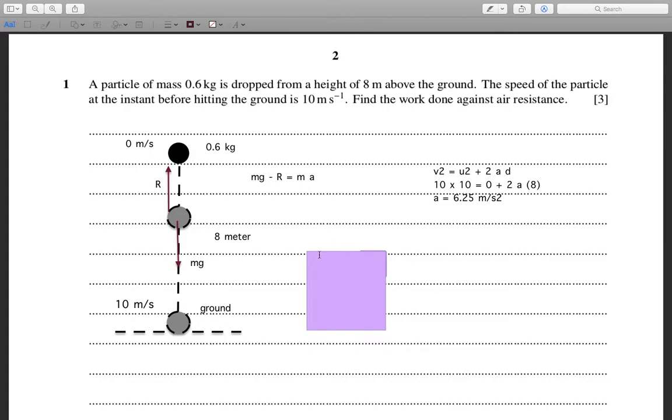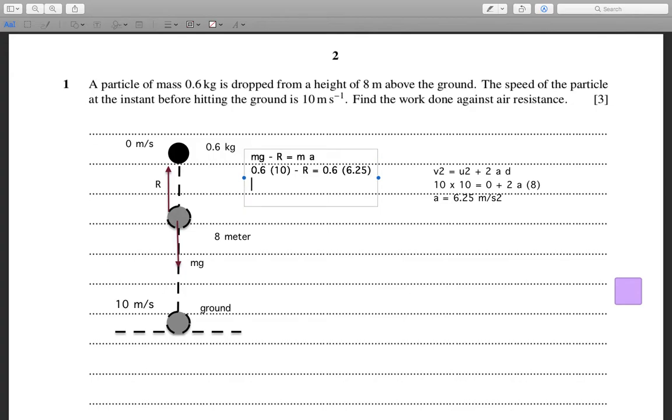Okay, finally we get the acceleration of this object. Now back to the equation: mg is 0.6 times 10 (taking gravitational acceleration as 10), minus R, and the mass is 0.6 and the acceleration is 6.25.